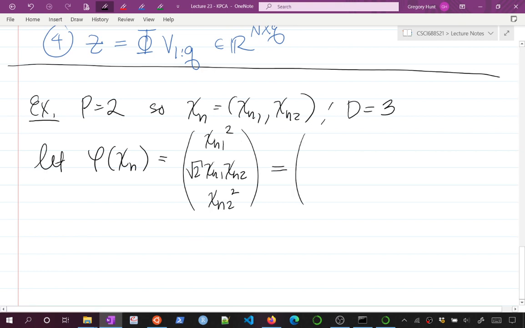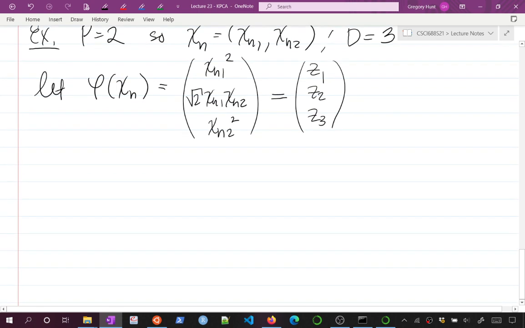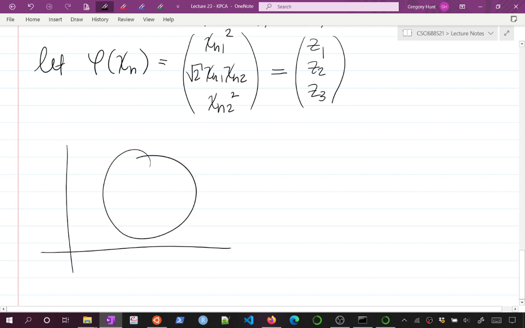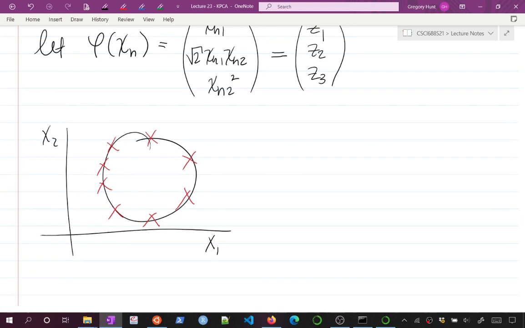So that's our embedding, and you could call these z1, z2, z3. These would be the coordinates in that new 3-dimensional space. So if I've taken my original picture where I have my 2 variables and I have data points that are kind of arranged in a circle, then my data points here live in some circle.